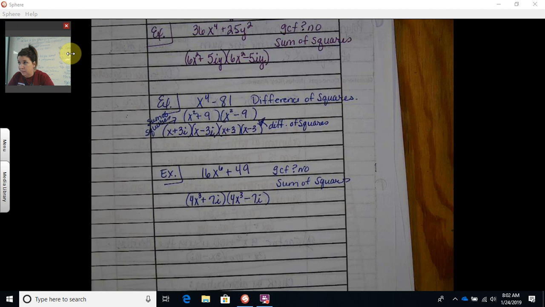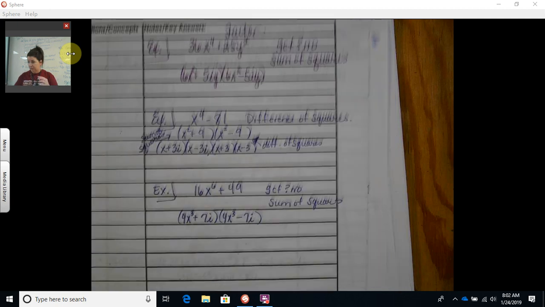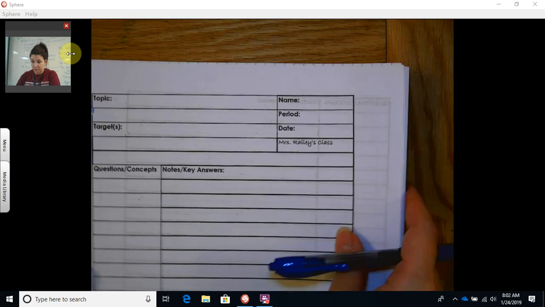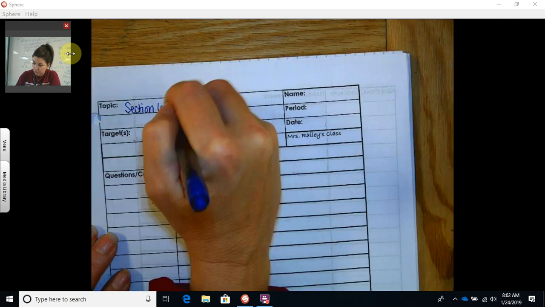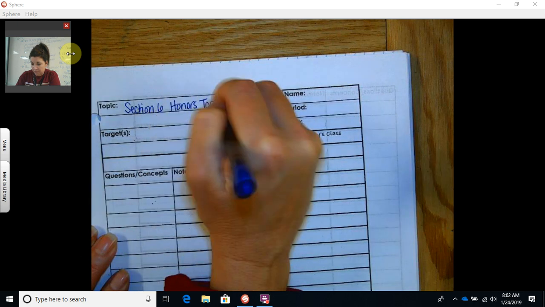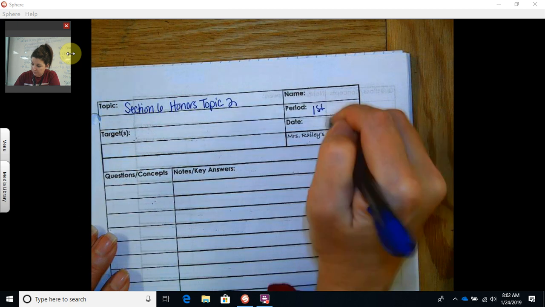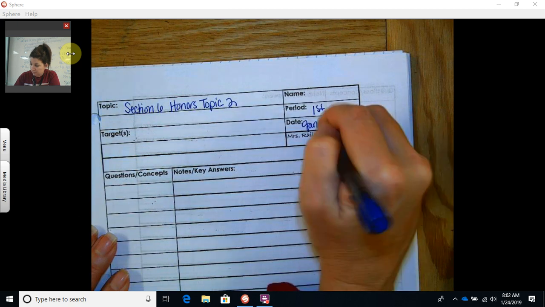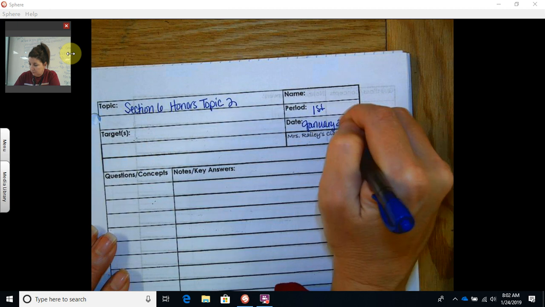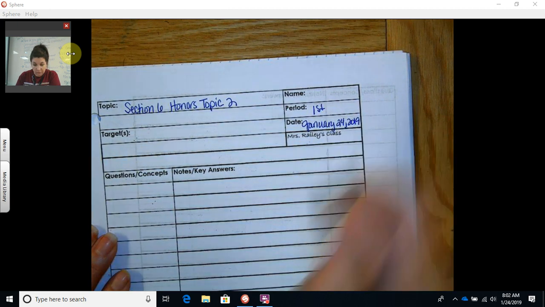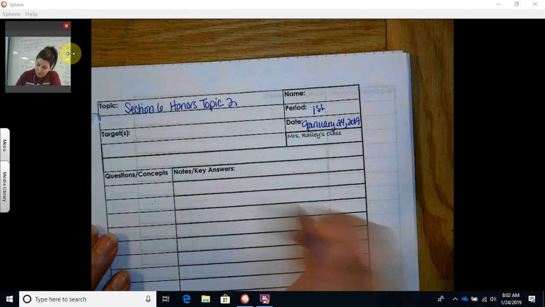Now, section 6 honors topic 2. Little different. It's section 6 honors topic 2. It's called the binomial theorem.